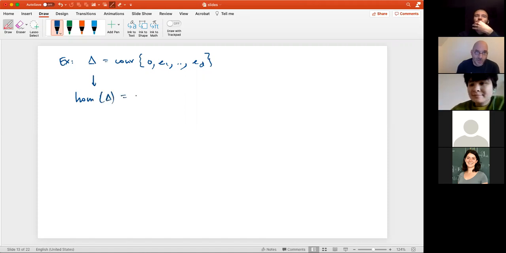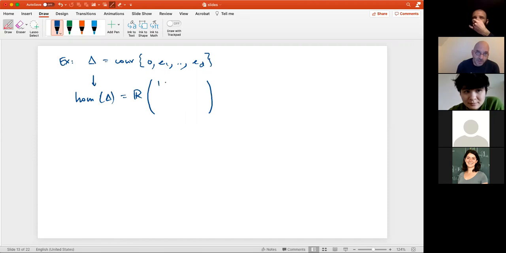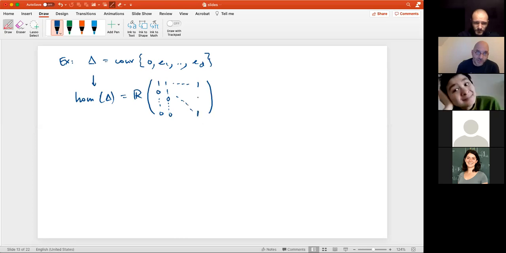So this is the cone generated by, let me now write this as a matrix. You have a bunch of ones up on top, and then here are your vertices. So I have the origin, and then I have 1, 0, 0, 0, and so on.